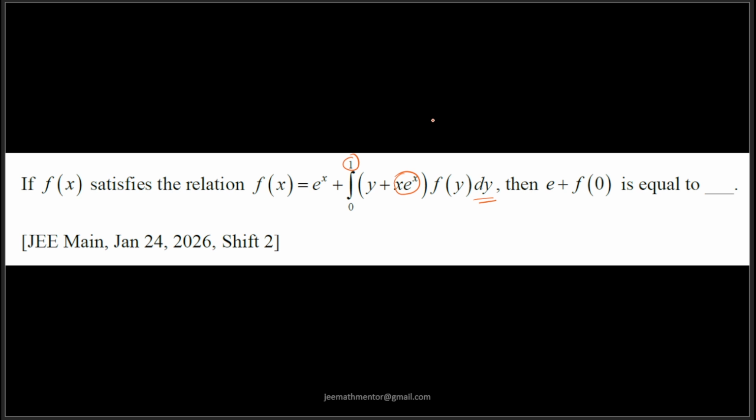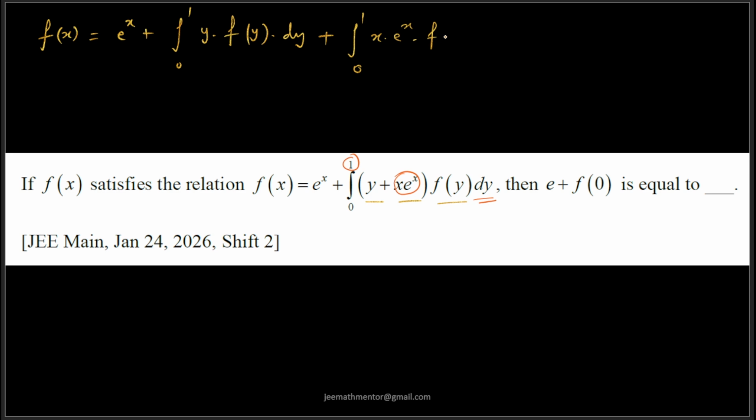So now we will be interested to separate this integral first of all. By separation I mean f(x) equals e to the power x plus, separate it as the integration from 0 to 1 of y times f(y) dy, and the other one will be the integration from 0 to 1 of x e to the power x times f(y) dy.